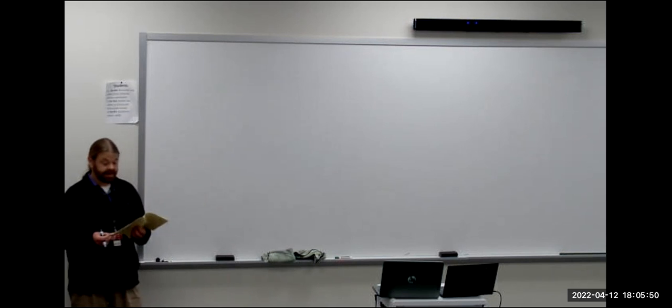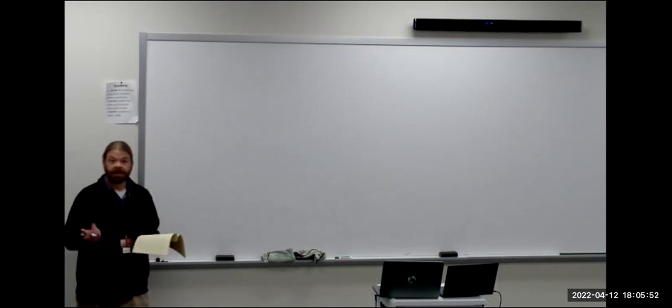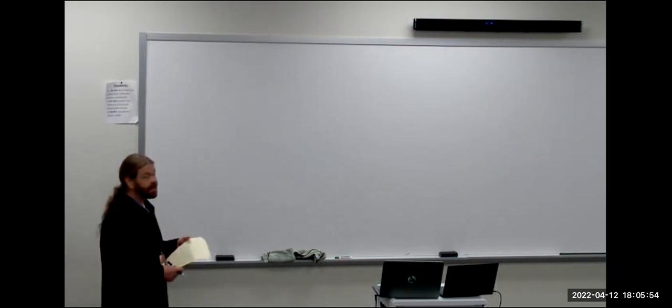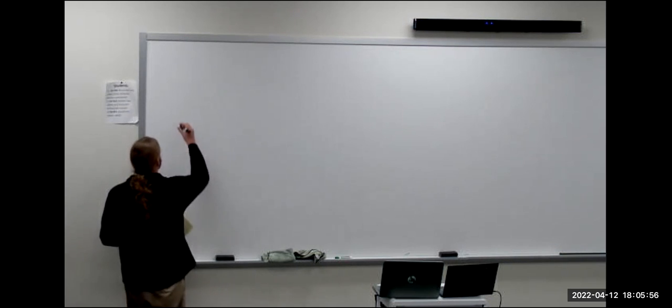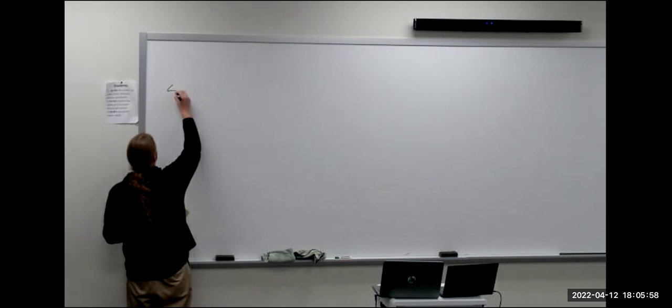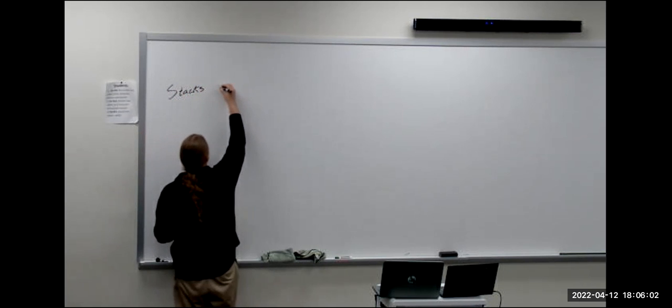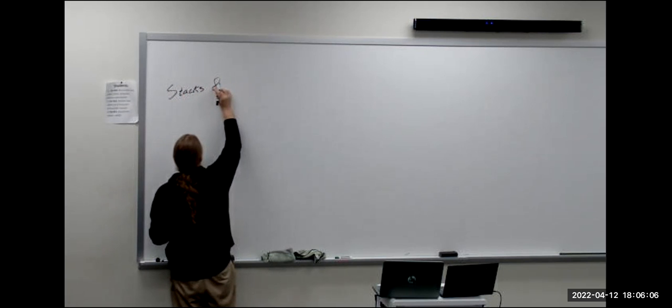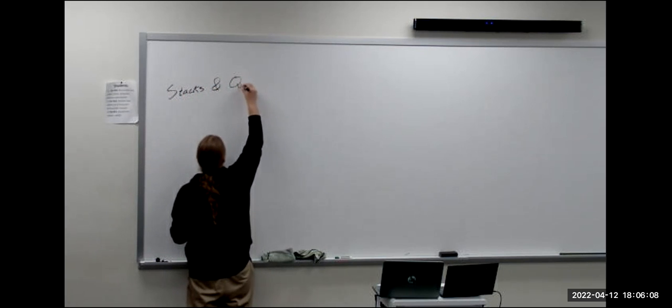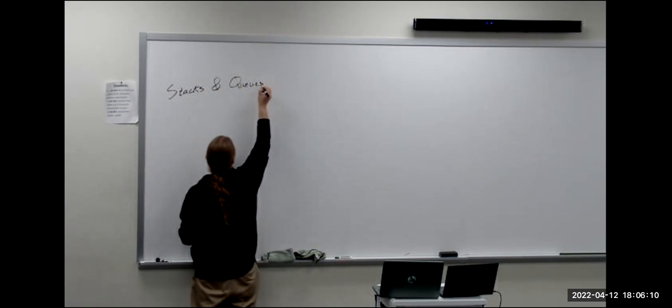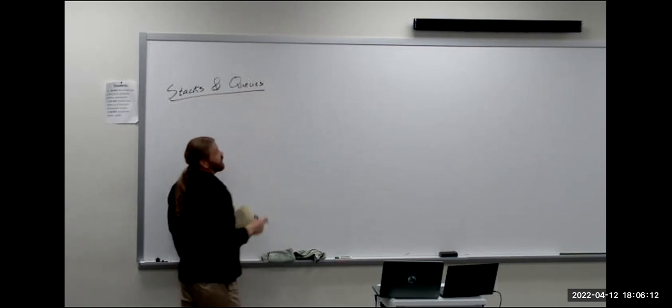The next one is a word that I know you all have heard. You remember last Thursday, we started looking at data structures with linked list. So the next one is a very common one. And actually, I'll write the next two. Stacks and queues, because they go together.